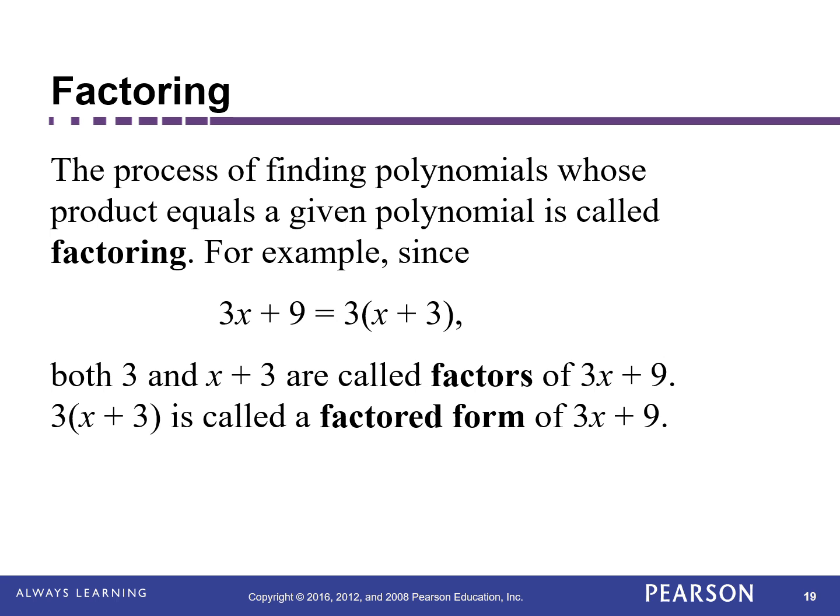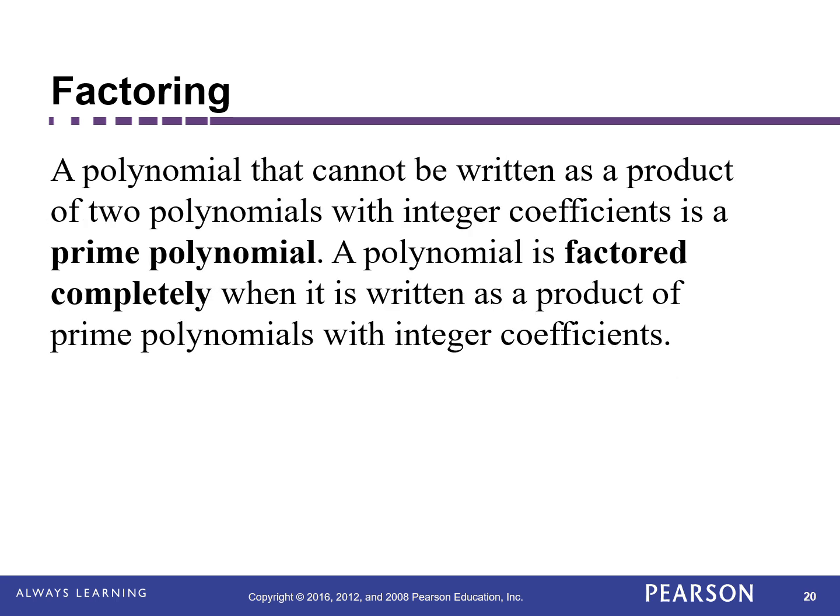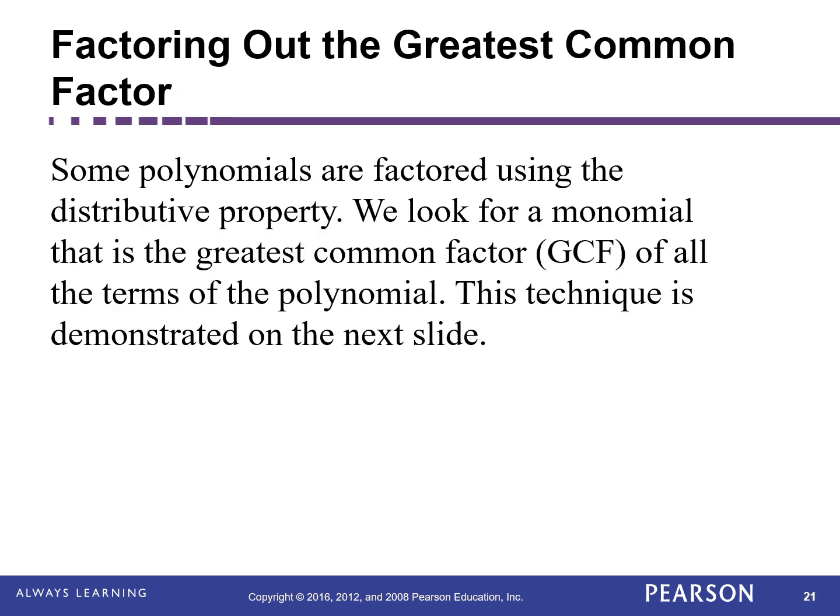For example, since 3x plus 9 equals 3 times (x plus 3), both 3 and (x plus 3) are called factors of 3x plus 9. 3 times (x plus 3) is called the factored form of 3x plus 9. A polynomial that cannot be written as a product of two polynomials with integer coefficients is a prime polynomial. A polynomial is factored completely when it is written as a product of prime polynomials with integer coefficients.